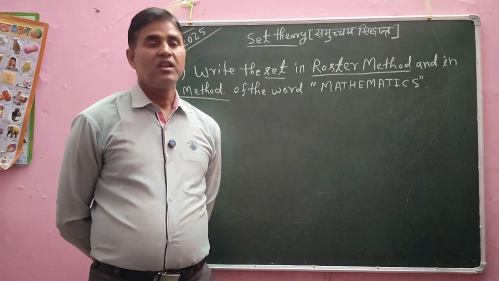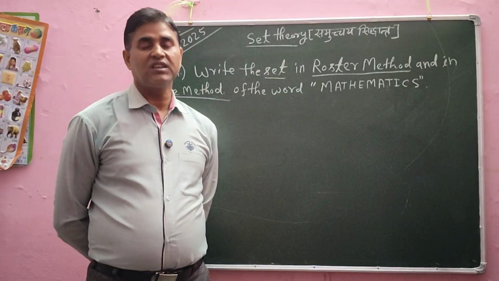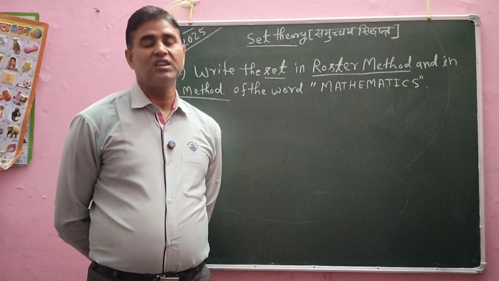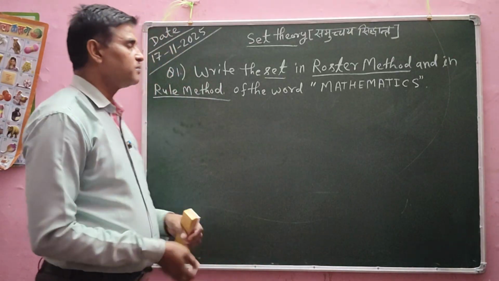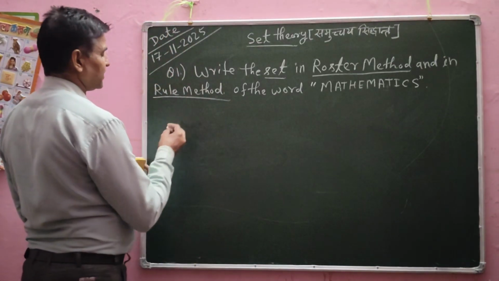Okay, first of all I have to write a set in roster method and then I will also write set in rule method. So both methods I will give its solution.